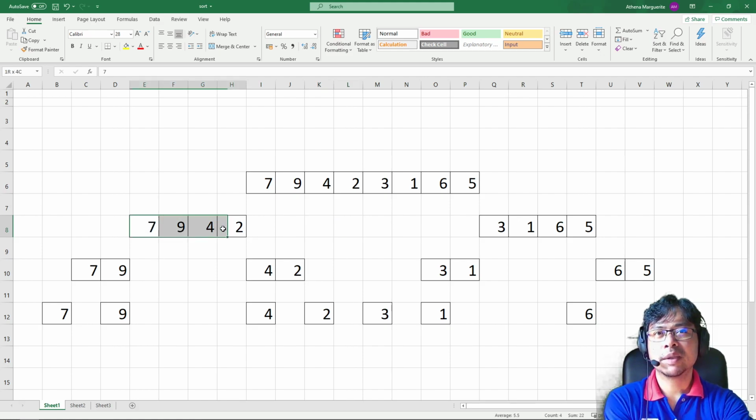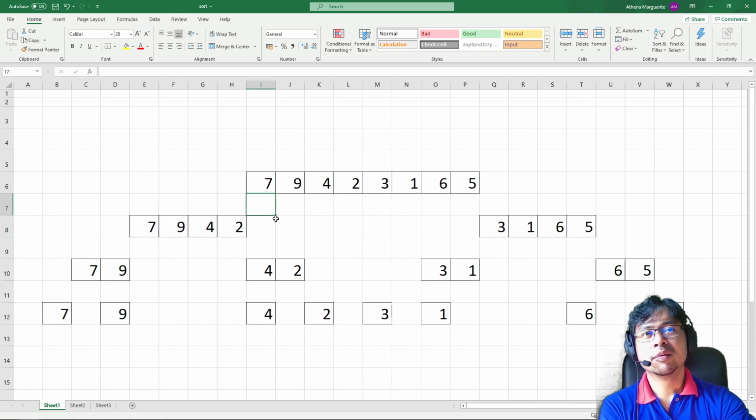So, kung i-split nyo to, tiga-apat. There are 4 elements for each side, left and right. So, what we need to do is continue doing that. So, papasok doon ngayon, pinaka-the best solution is recursion.